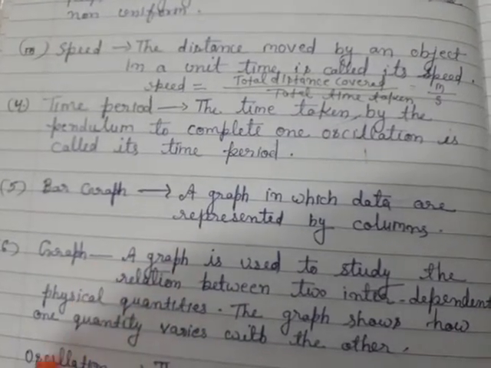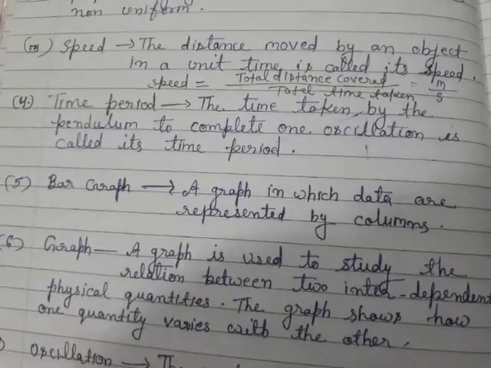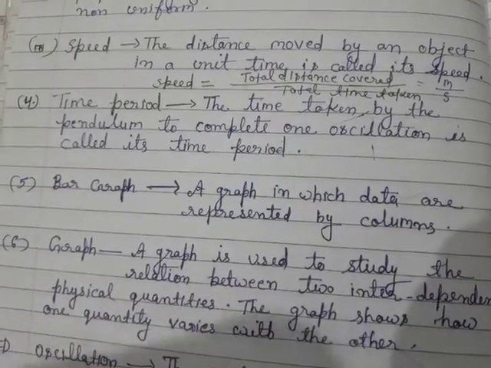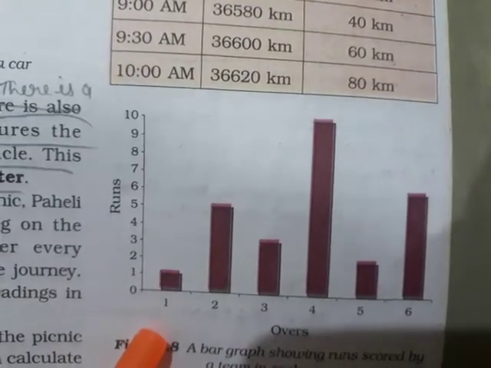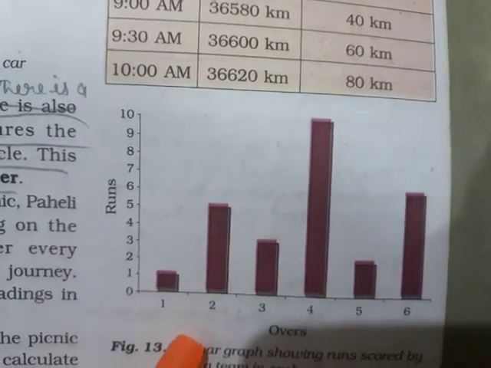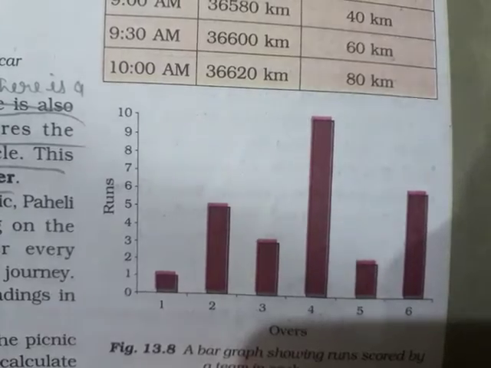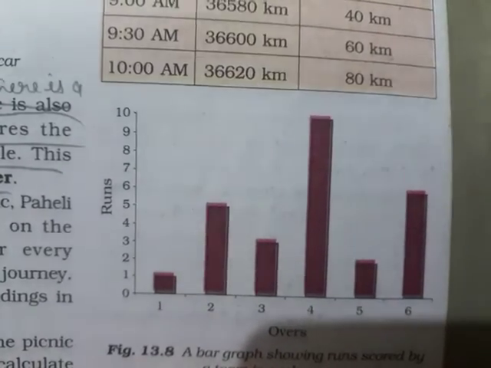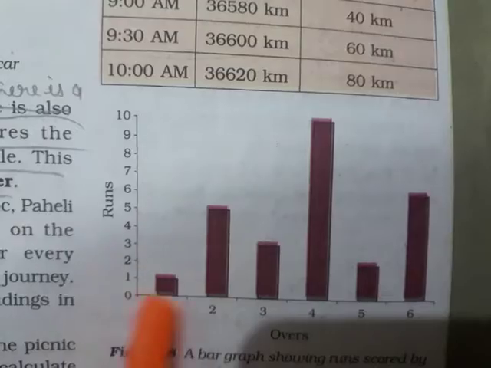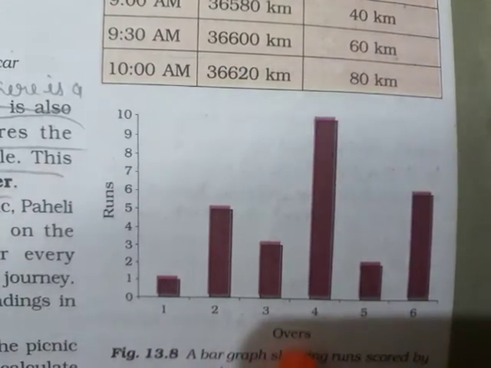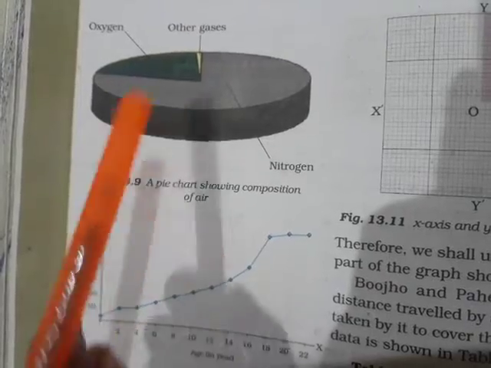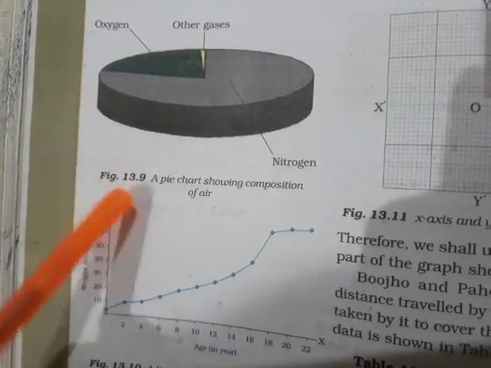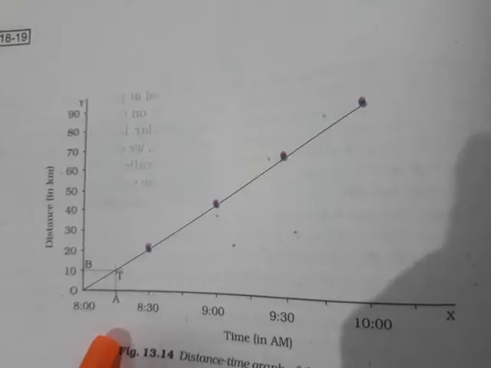A graph in which data are represented by columns. This diagram is showing a bar graph, showing runs scored by a team in each over. These axes show the overs and these are the runs. This is a pie chart showing the composition of air.